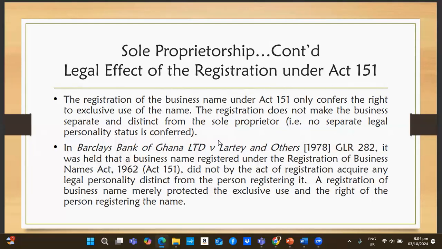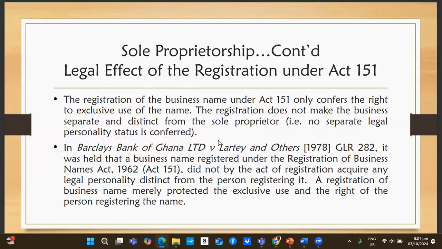And for that matter, in the well-known case of Barclays Bank of Ghana Limited v. Latte and others, 1978 2 Ghana Law Report 282, the court made the point that a business name registered under the Registration of Business Names Act did not, by the act of registration, acquire any legal personality distinct from the person registering it.